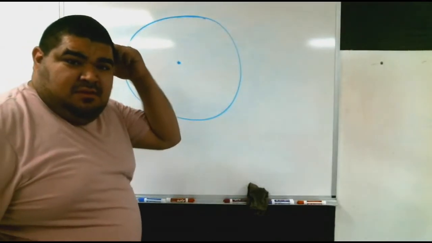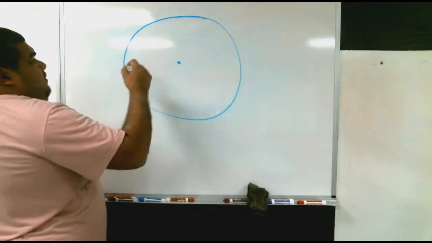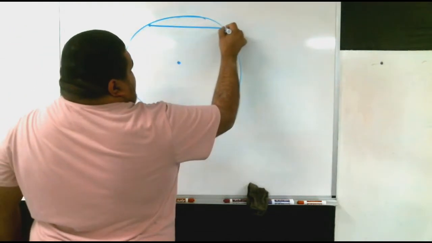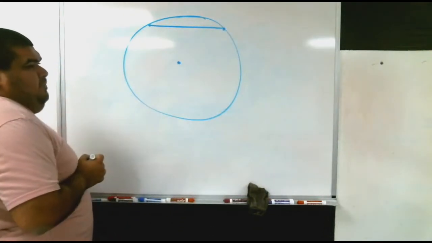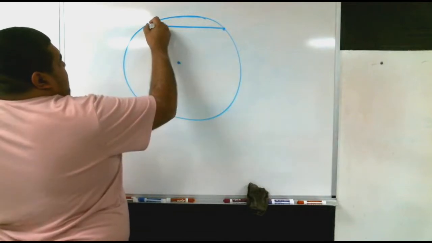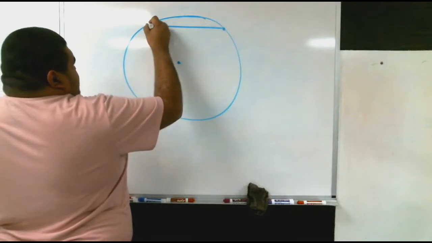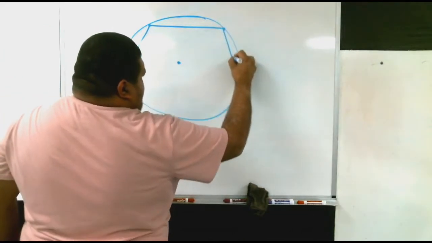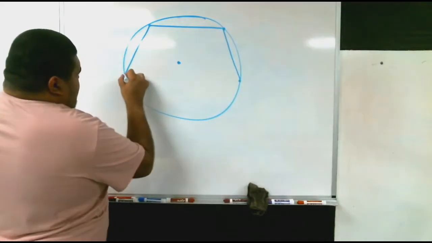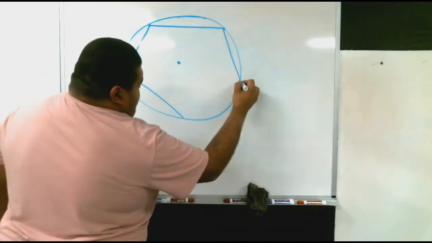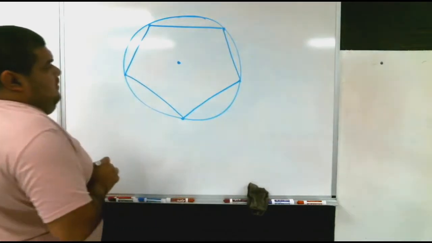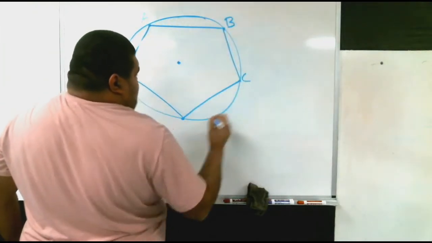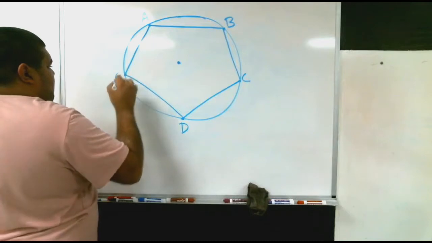This time, we're going to do a pentagon. It goes from here to here, from here to here, then from here to here, from here to here. We have A, B, C, D, and E.